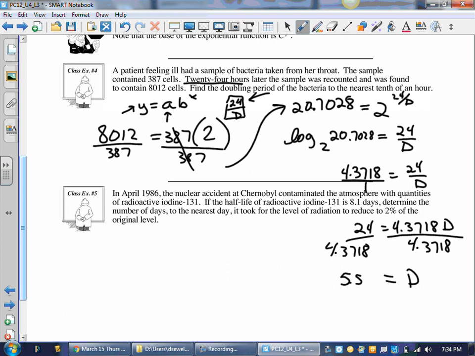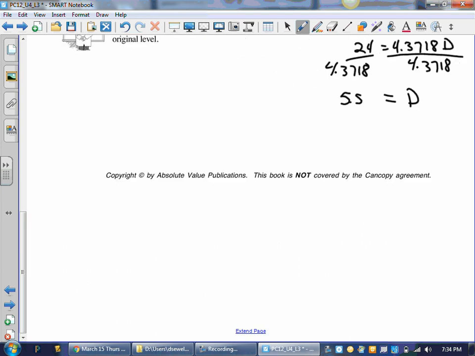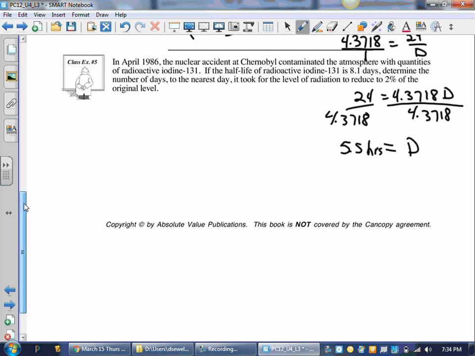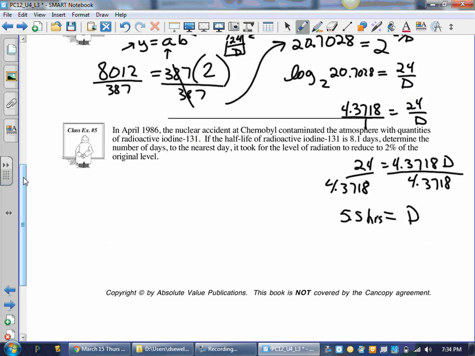So let's answer that 5.5 in terms of what we're talking about. This was talking about hours, to the nearest tenth of an hour. So I'm going to make sure that I write on here 5.5 hours. Okay, I'll show that to you a little bit so you can see what I did. So I typed this number into my calculator, put it here, and then I just cross-multiplied and divided to get down to my 5.5.